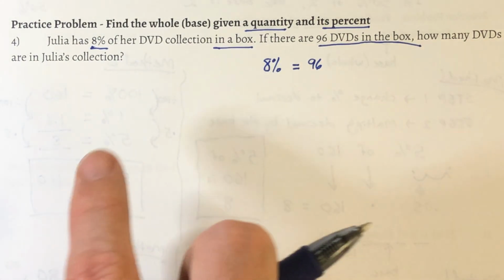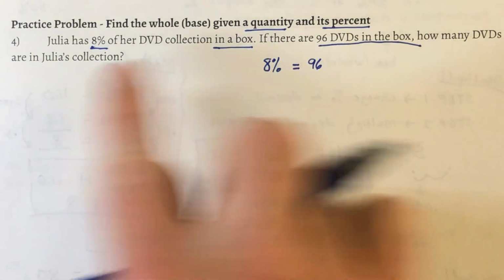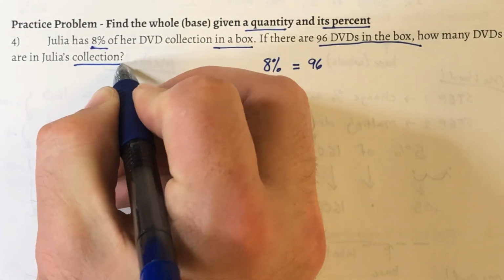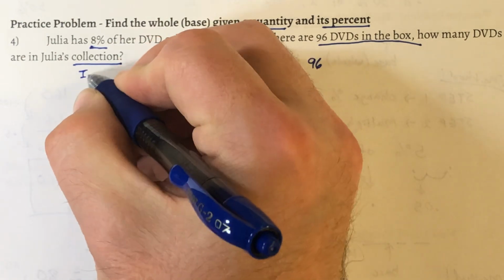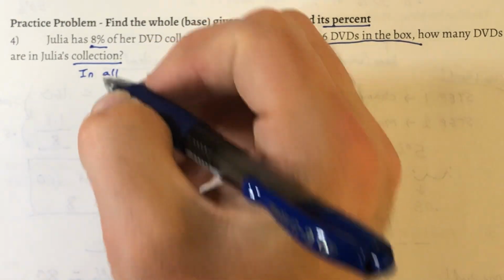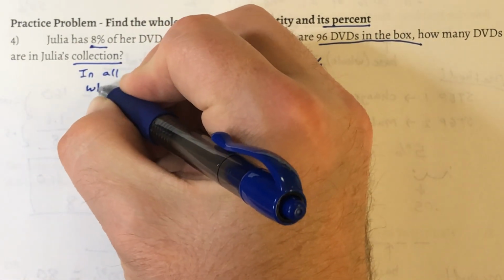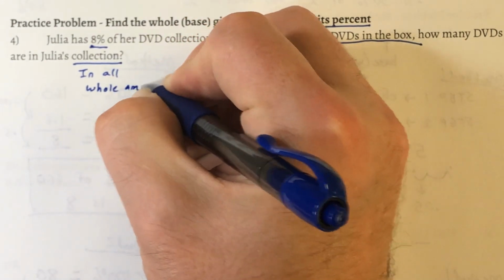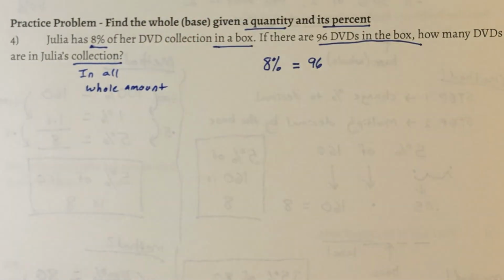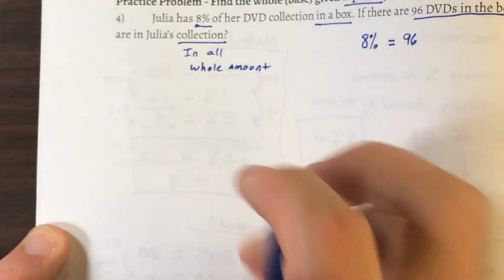Now, the second thing says how many DVDs are in her collection. The word collection implies in all, like a whole bunch of stuff. So in other words, it wants a whole amount. So again, more proof that this is a find a base problem.